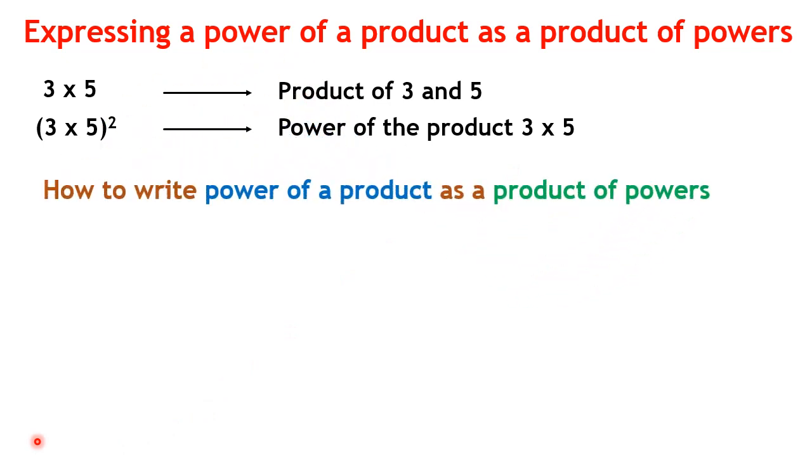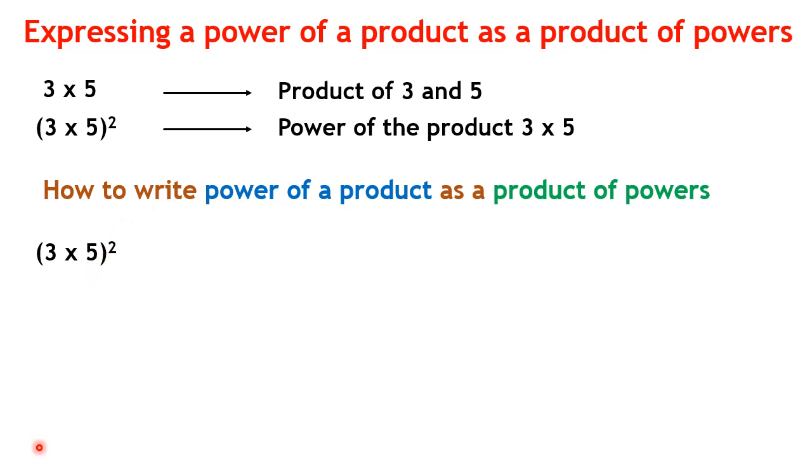Let's see now how to write a power of a product as a product of powers. 3 into 5 whole thing squared. So this is the form of a power of a product.